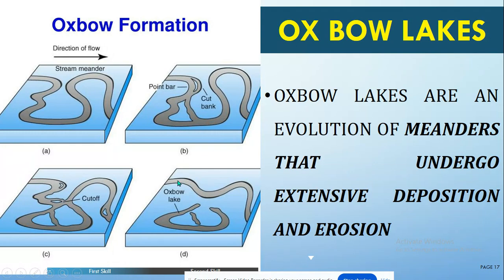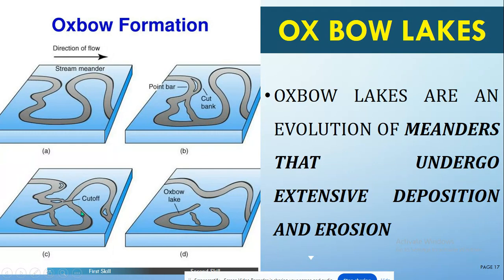At the end, you will see in our D here, the river has stopped from continuing that downward journey, and it joined due to erosion. The channels join to form one river here.